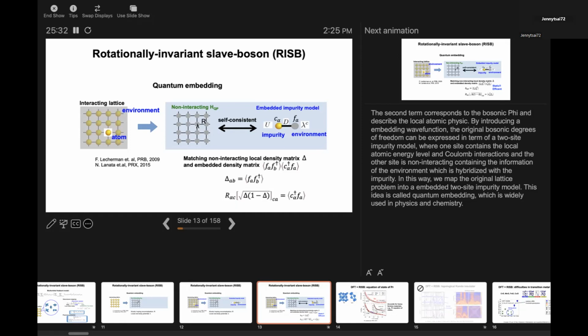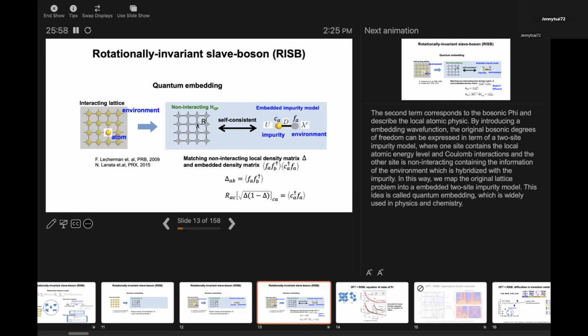After we perform some mapping, those boson fields become some kind of wave function of a fermionic Hamiltonian. So we have this Lagrangian, it contains these two terms and some coupling terms that link these two systems, which correspond to our self-consistency condition. If you are interested, I can show you.